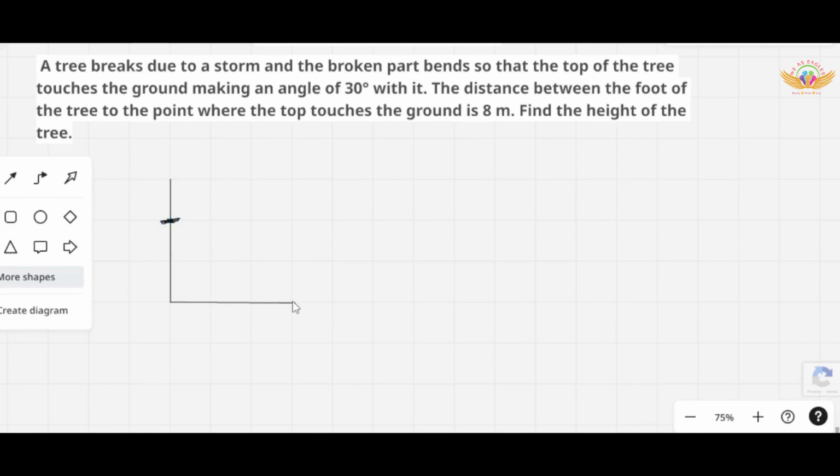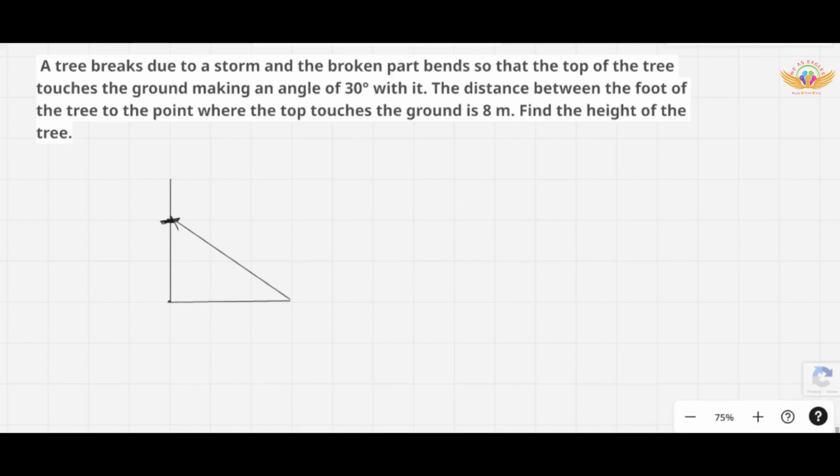So this part. Yes. So this broken part, it was bent and it is touching the foot. Okay. Done.